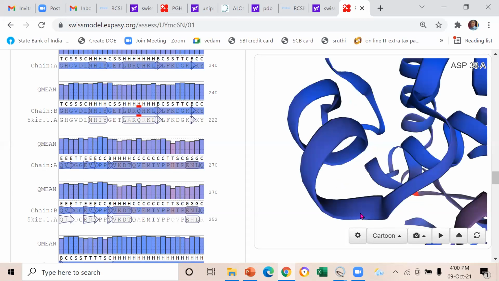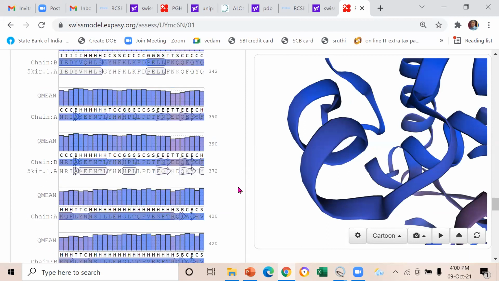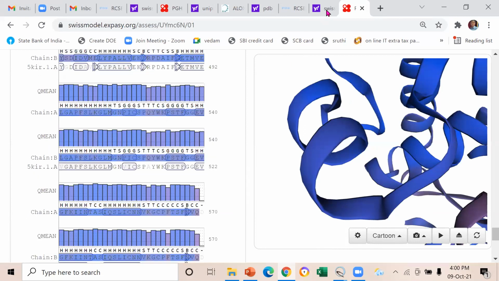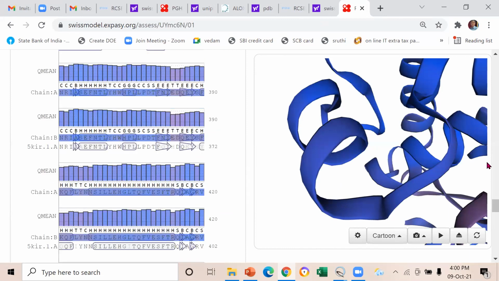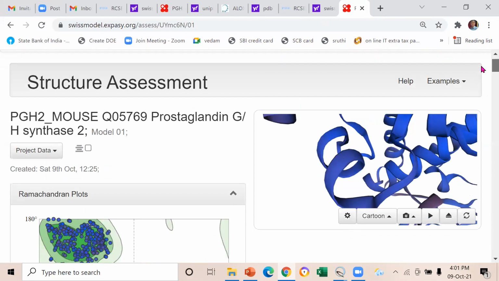Yeah, where the chains are not matching properly. So this is called a quality check. You just have to go through everything to see. That's called structural assignment.